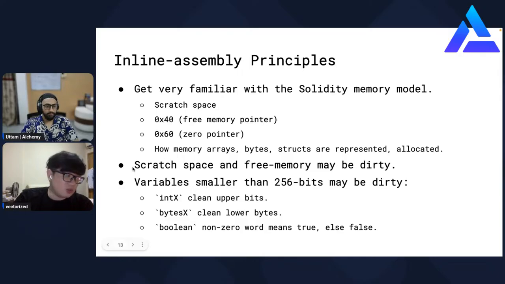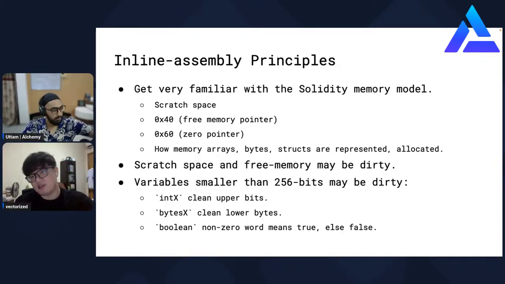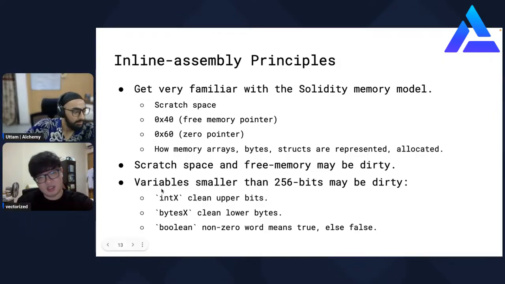And you also need to keep in mind that when you go between regular Solidity and inline assembly, the scratch space and free memory might be dirty. The free memory pointer might not be aligned to a multiple of 32. For example, if you abi.encodePacked, it will misalign the free memory pointer sometimes.